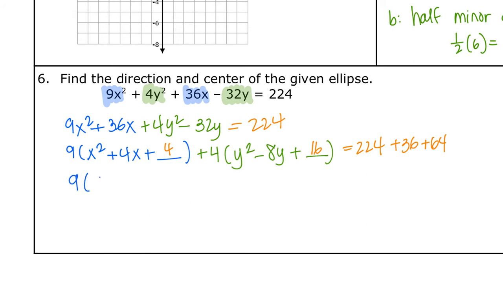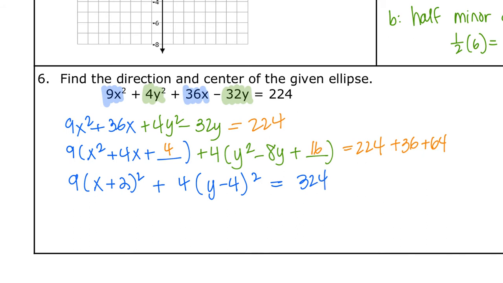Now we can factor these. This will become x plus 2 squared and y minus 4 squared equals 324. So we're almost there. The only thing that's wrong is that they still have those leading coefficients. And it's supposed to equal 1 all the time.